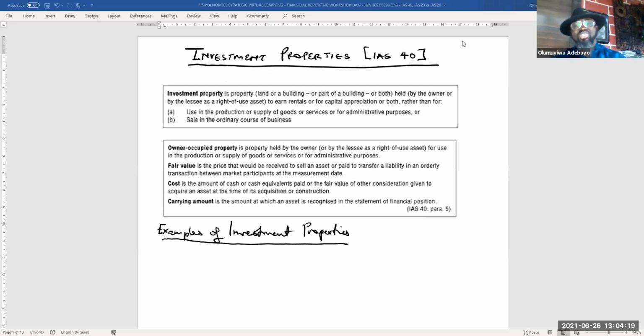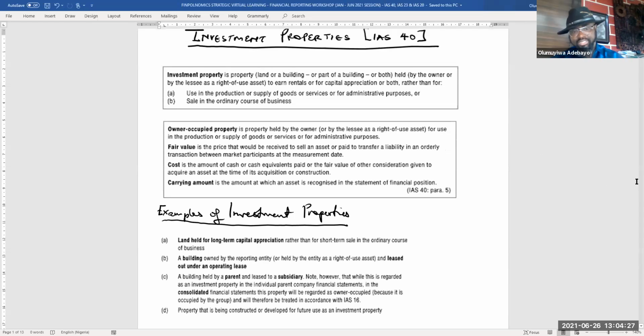You said it all. So that we don't waste more time, you've demonstrated that understanding. Now let's look at practical examples. One of those examples is a situation where you acquire land strategically with the hope that development is coming to that place, and the intention is to sell over a long period of time.